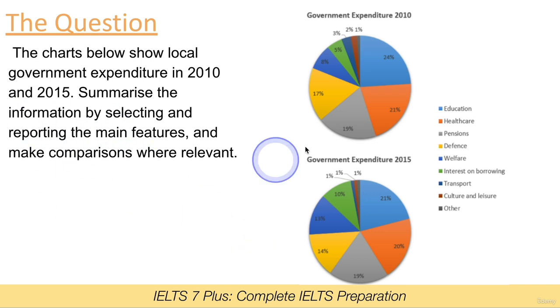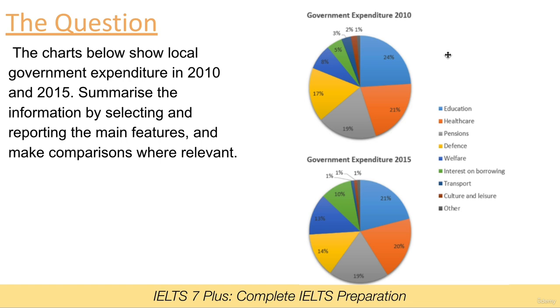I've moved the question to the left so we can see this properly on the right. Okay then, so we have our key, and these categories stay the same for both pie charts, which is quite nice because we can compare a bit easier between the two.